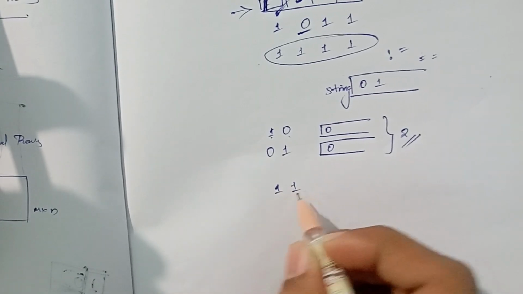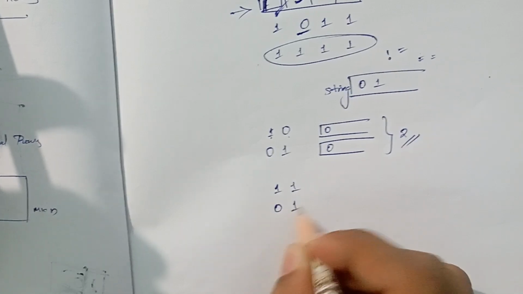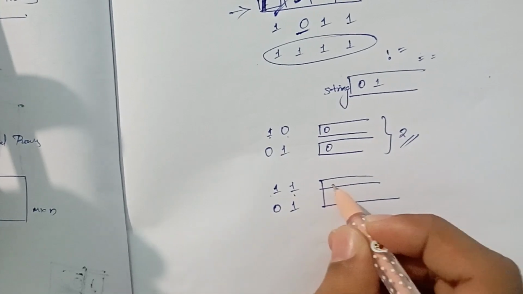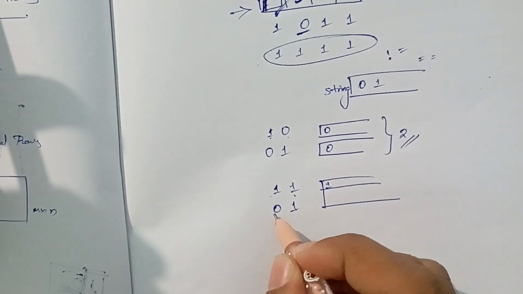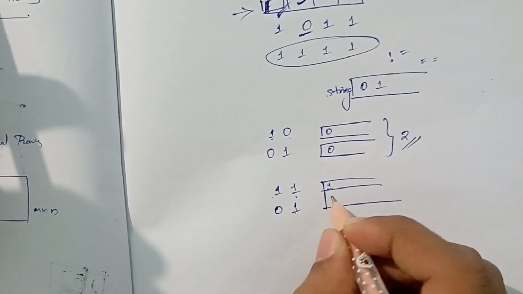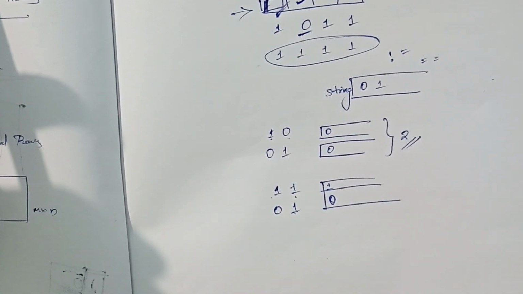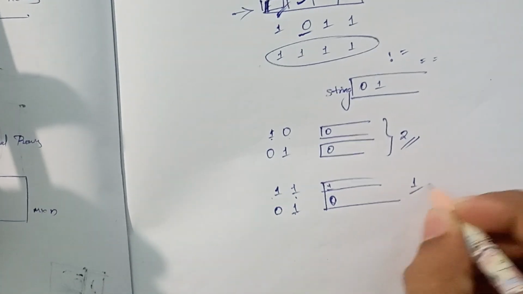Let us see another example. 1 1 0 1. If you store in strings, 1 is equal to 1, so 1. 1 is not equal to 0, so 0. So what are the maximum rows which can be equal? That is 1 already.